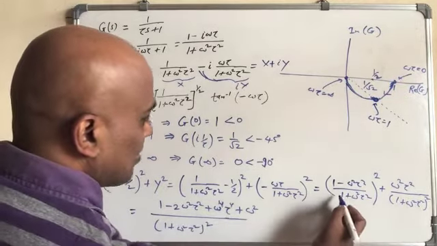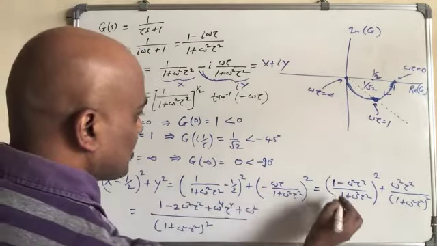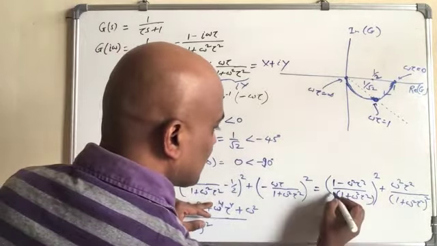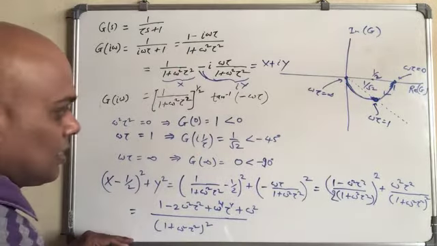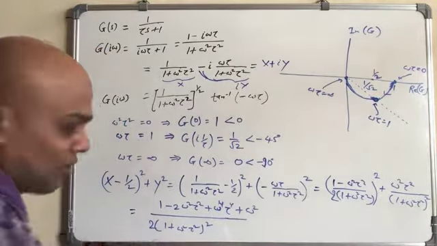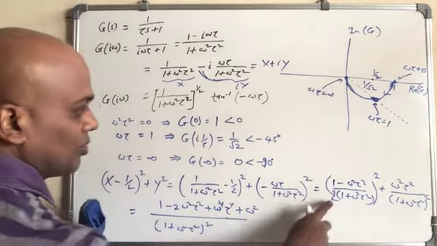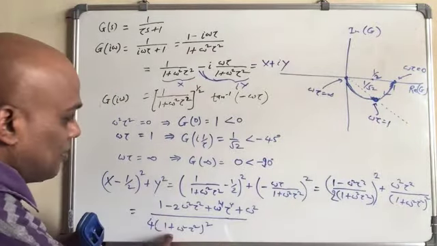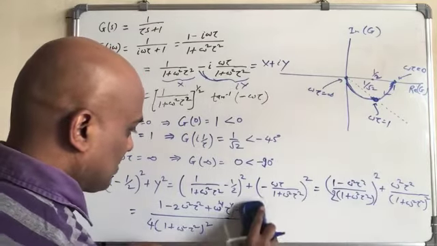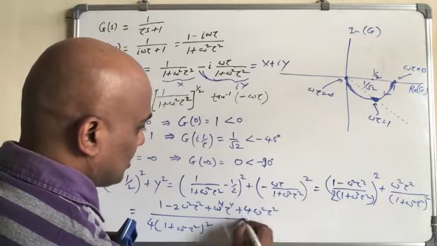Remember we have also a 2 here, so we have 2 square, so we have 4 times 1 plus this one, and then here we have to add 4 omega square tau square.